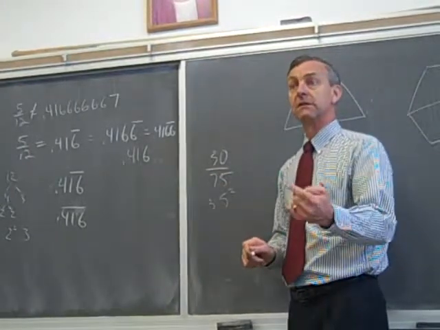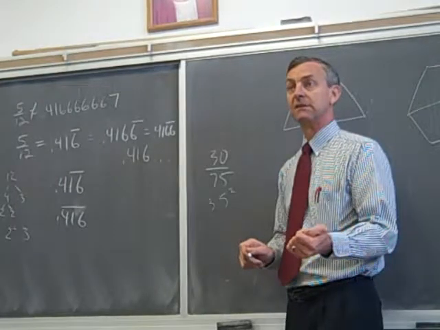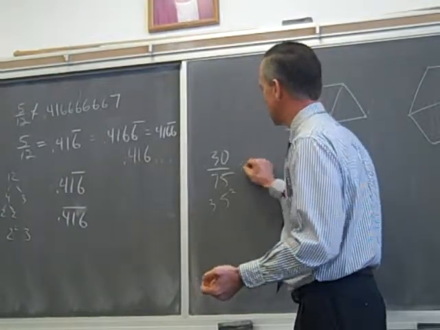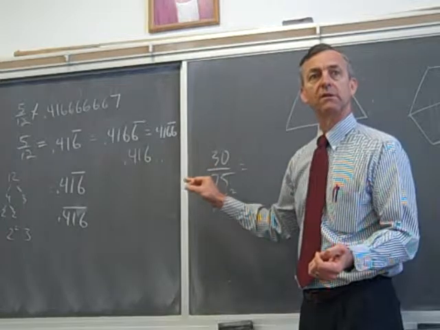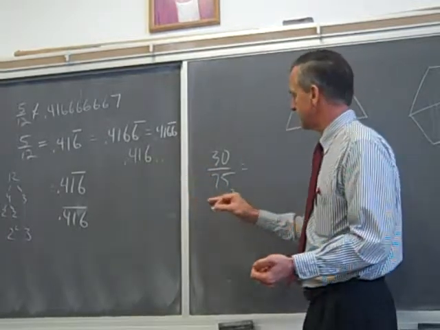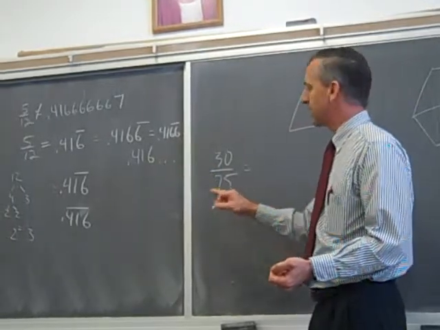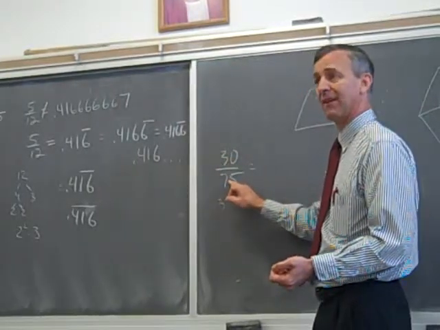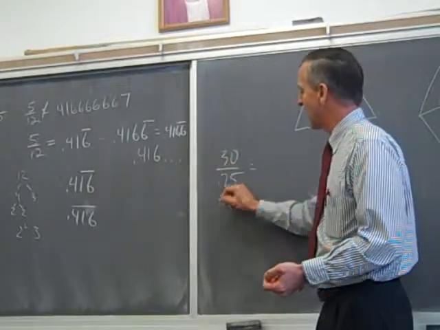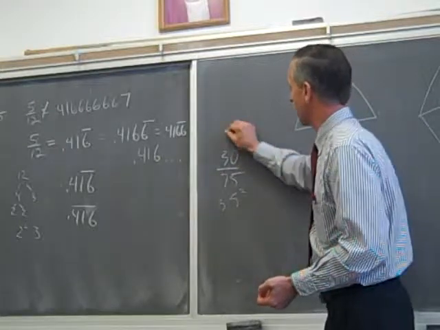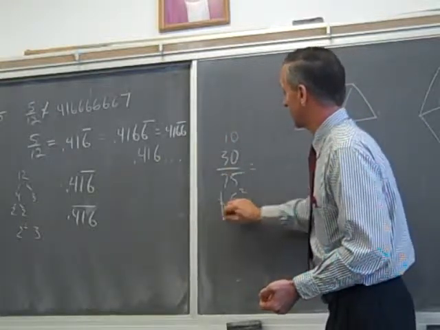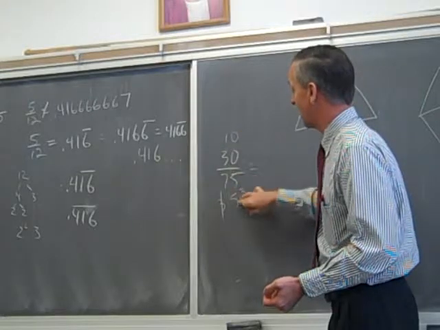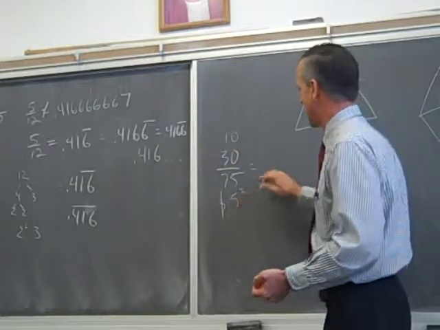Because you can simplify it. Yes, this is what will go into both of these. 3 will, because 3 plus 0 is 3, and 7 plus 5 is 12, right? So guess what? The 3 up here will cancel with the 3 down here, making 10 over 25.